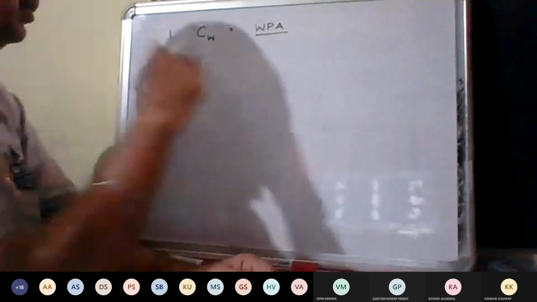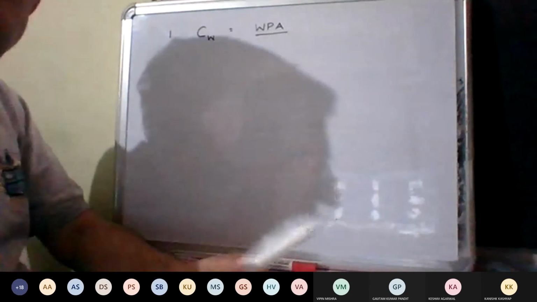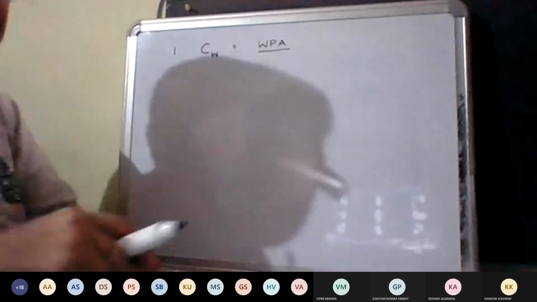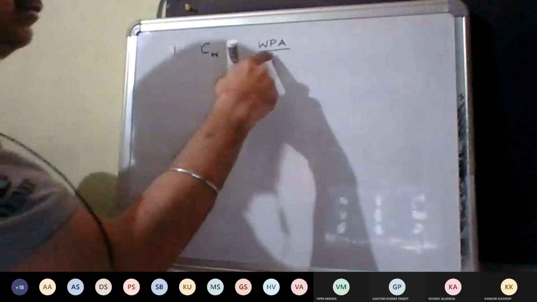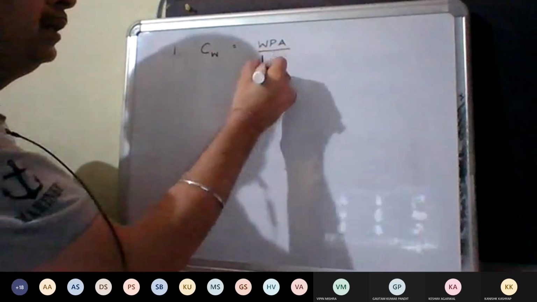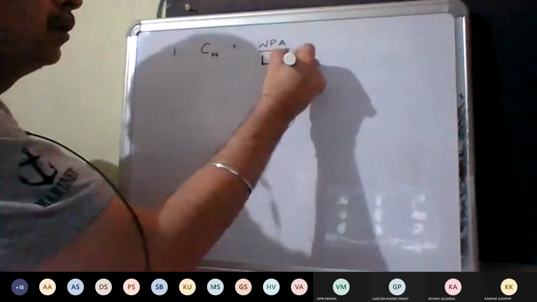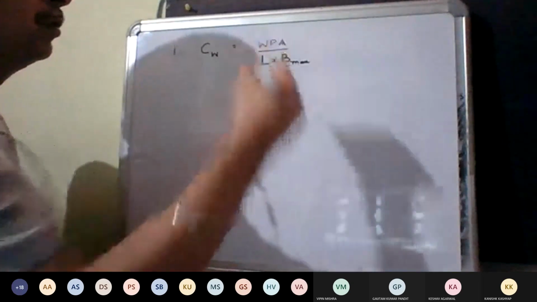So CW is known as area coefficient, and it is given by a ratio of water plane area to a rectangle having maximum length and maximum breadth, Bmax.